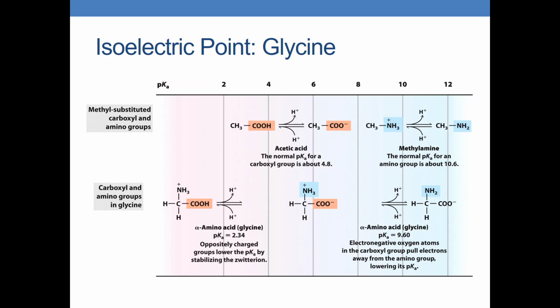So in the event that, say, I need a deprotonated carboxylic acid, I need the carboxylate, perhaps I put in the active site nearby that carboxylic acid positively charged groups that maybe stabilize the carboxylate form.